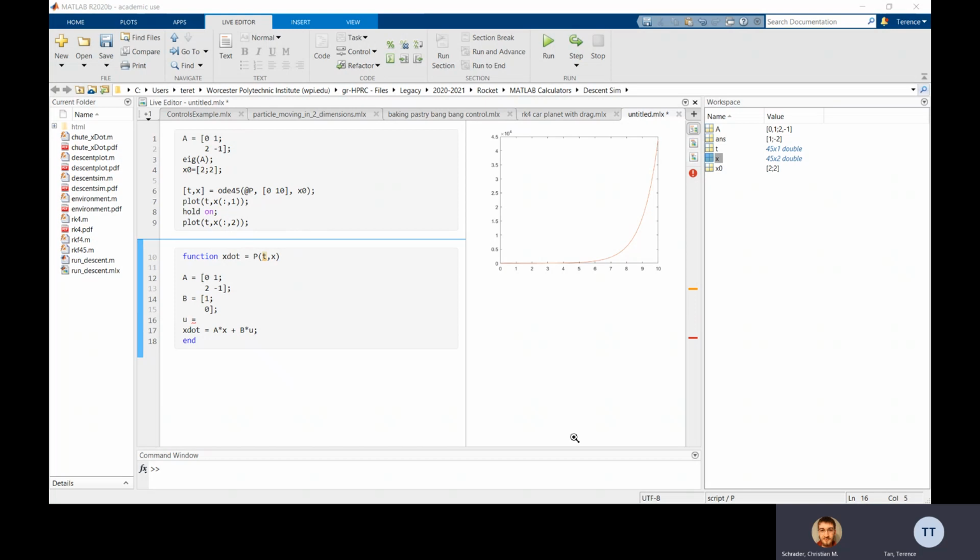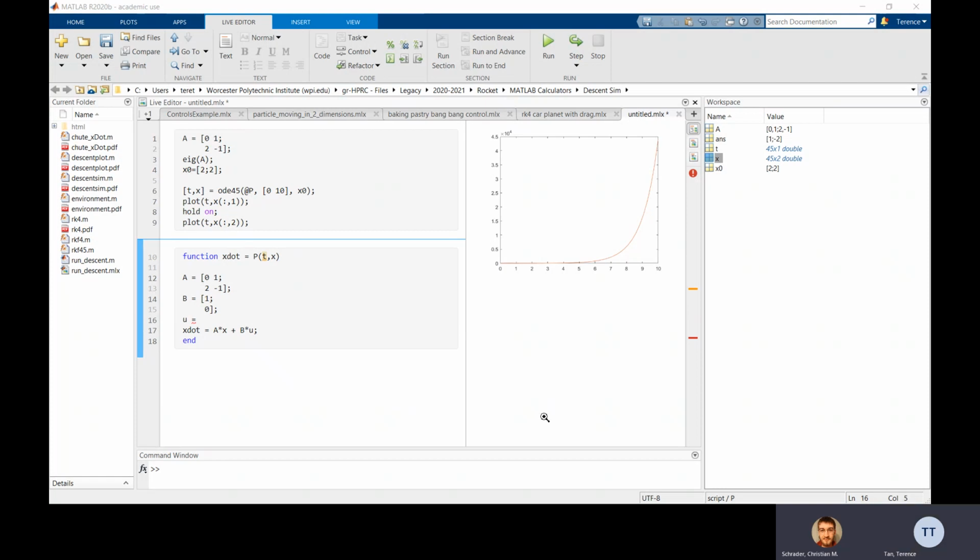Because that's just what I would call the effective A matrix. Yeah, so you get the effective A matrix, and then you can find the eigenvalues of that effective matrix. Think about it this way: if the control was just built into the system somehow, your system would have that effective A matrix.